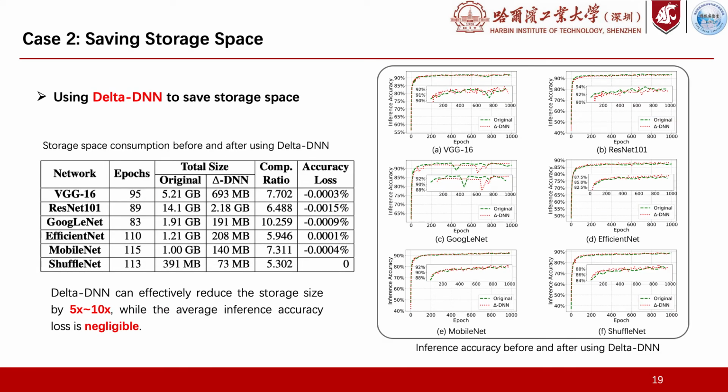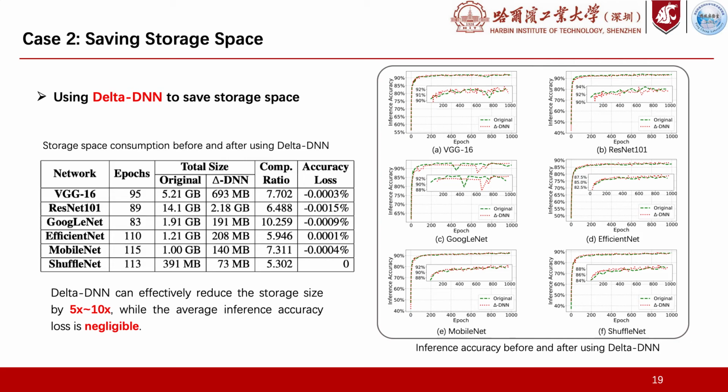About case 2, saving storage space. We compare Delta-DNN with other compressors on 2 metrics, the DNN's inference accuracy and the storage space overhead. As the table shows, Delta-DNN can efficiently reduce the storage size of 6 DNNs by 5 times, while the average inference accuracy loss is very low.